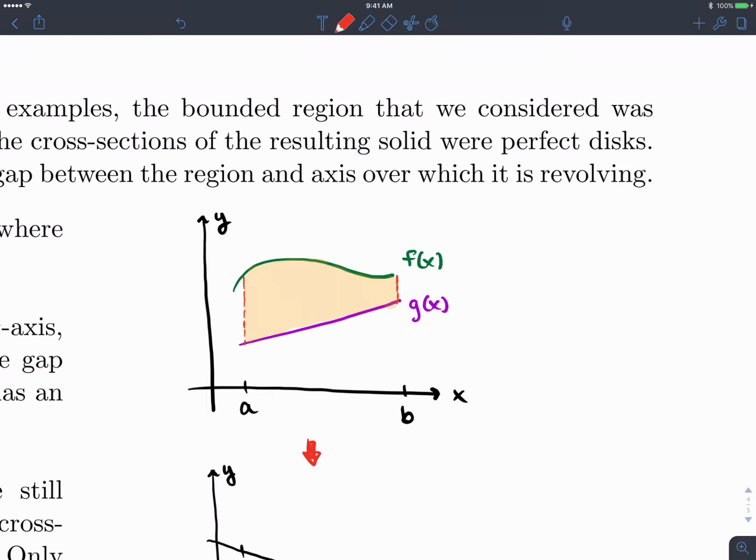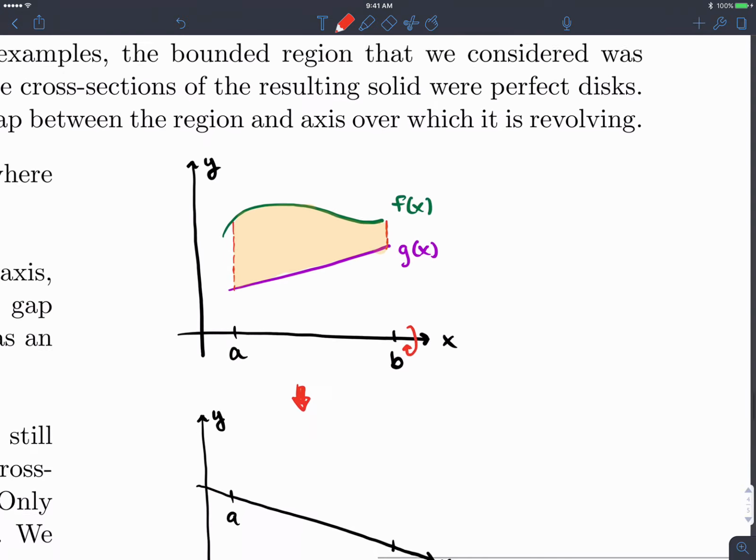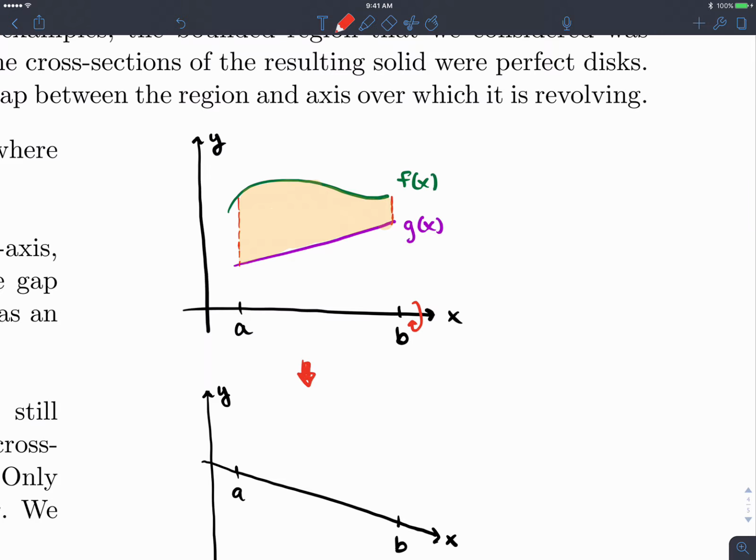Now what we're going to do is take this region and rotate it around the x-axis. So notice, all of a sudden we can see that there's a difference, because there's this gap in between that area and the axis of rotation that's going to result in a gap in our solid.